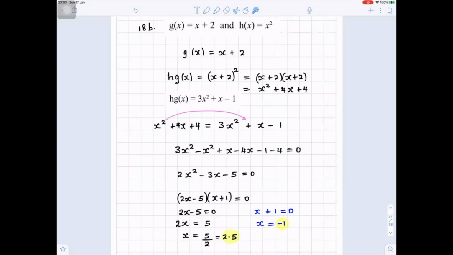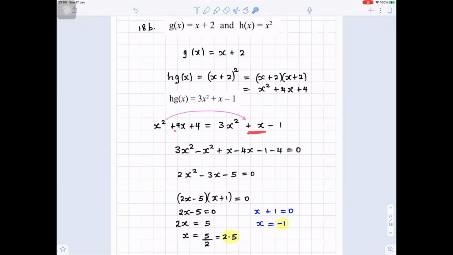To solve it, we put everything to one side. I always put everything to the side that has the bigger value for the largest x term. So this one has 3x squared. So I'll take this 1x squared to the right, put it in front there. Because it's plus x squared, it becomes minus x squared. Plus x.